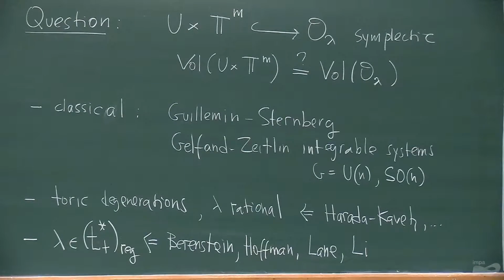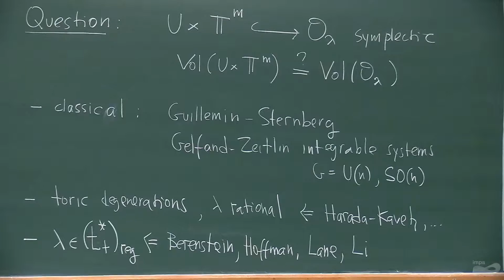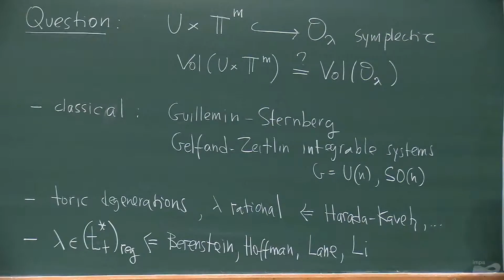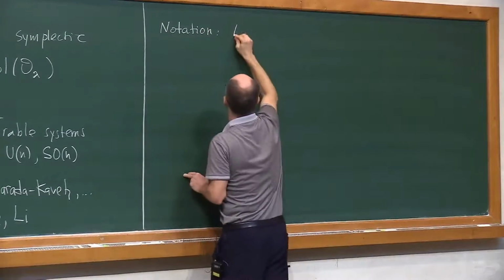We had some unpublished thoughts with Eckhard and Chris Woodward, and then published thoughts with my former grad student Irina Davidenkova. So I'll be speaking about this story. And maybe, as I said, let me first formulate some results, and then we'll discuss a little bit how those results can be obtained. For that, let me introduce a little bit of notation. Let me denote by capital N.